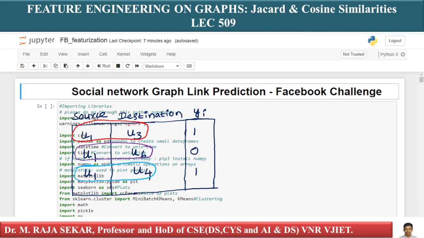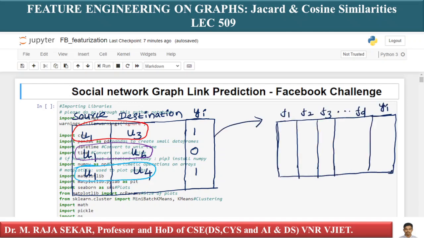So we will convert this into a format like this, where you have your yi, and here you have features f1, f2, f3, so on, fd. There are d features and yi is the label. Let's say feature 1 is a graph theoretical feature.